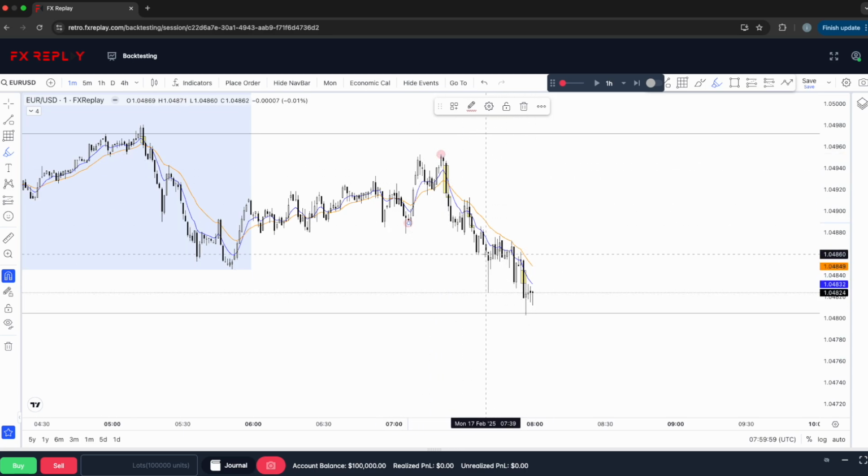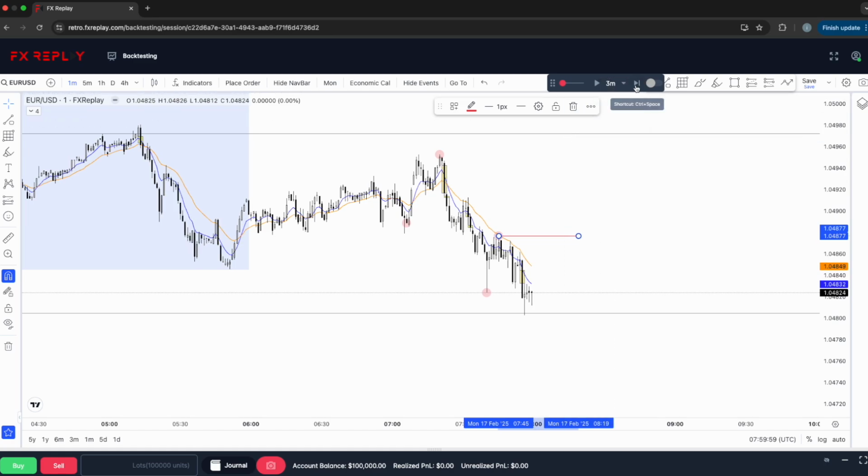It hasn't created a 3 candle pullback. Well, actually this one has. So that's the low, and that's the high. I need price to breach this for me to go up and start buying.